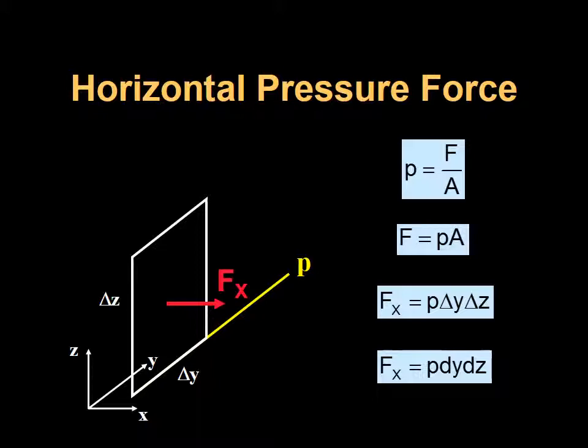So delta z is going up, delta y is going north, and it's infinitesimally thin, so it's a surface area, and a force is acting on that area. So from our equation, pressure times area is equal to force. The area we defined is delta z times delta y. Multiply that by pressure, and that'll give us the force in the x direction.